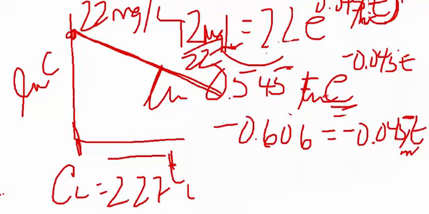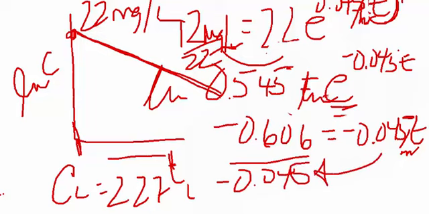So now we have to divide this side by minus 0.045, don't we, to get t. Make sure it's the minus because it needs to be plus. Our time can't be in negative hours. So our t will be 13.47. So we're going to need to wait at least 13.5 hours to start it again.